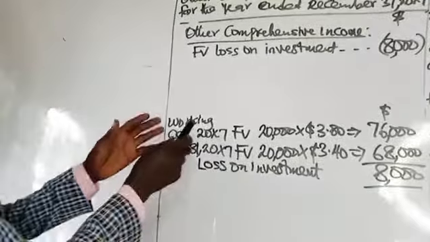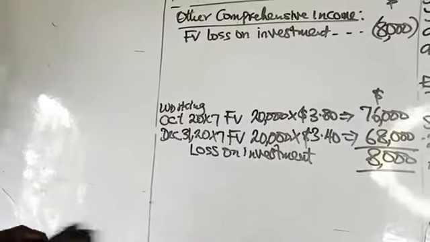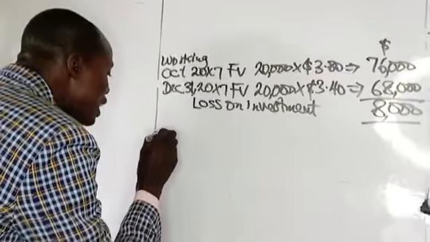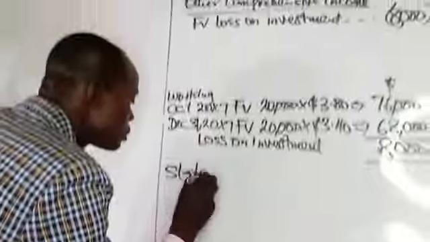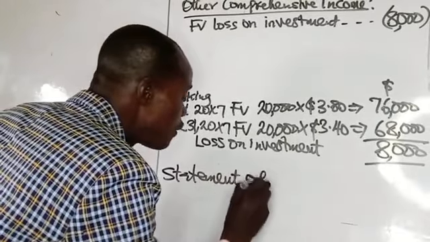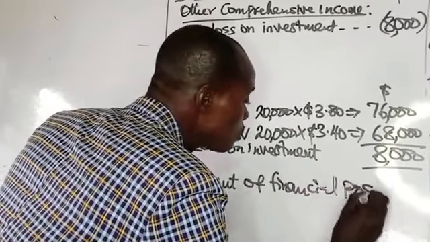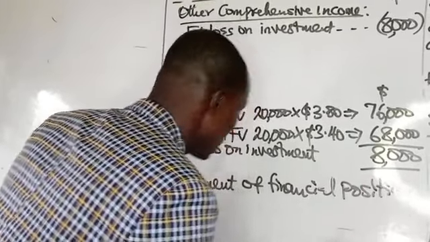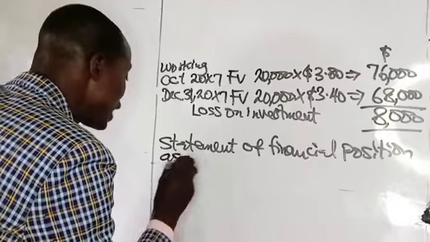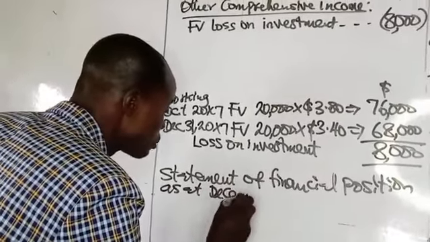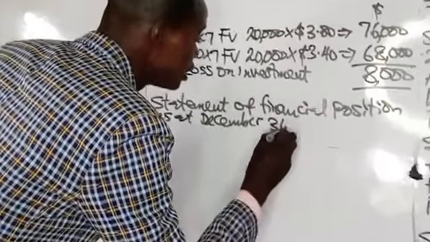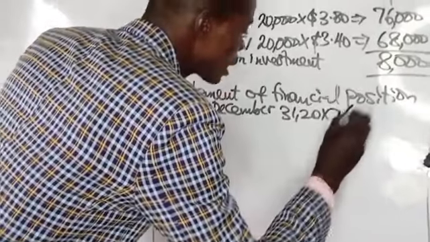Now, let's have the extract of the statement of financial position. So we have statement of financial position as at December 31st, 20x7. Extract.